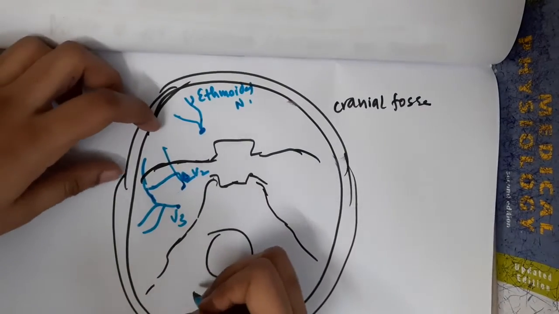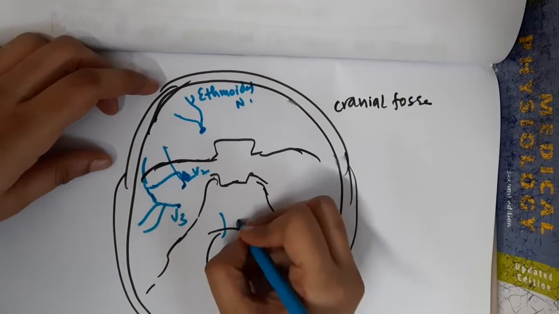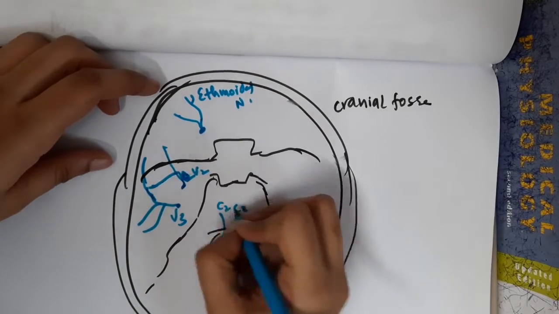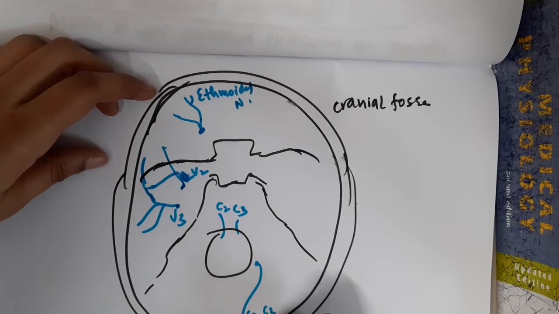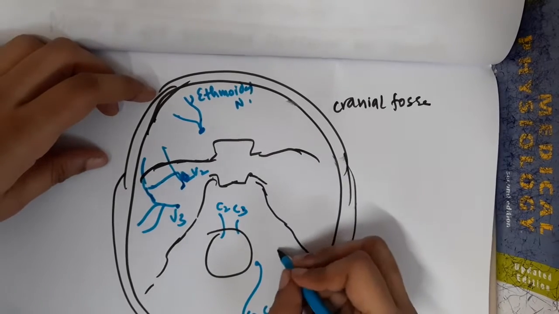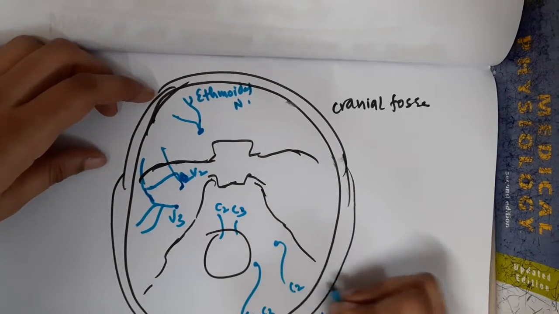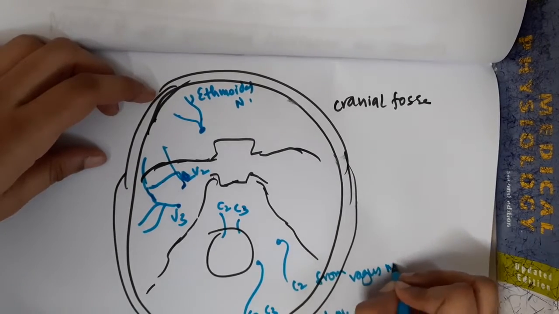Then in the posterior cranial fossa, the supply is by C2 and C3, and also C2, C3 from the hypoglossal nerve, and also C2 from the vagus nerve.